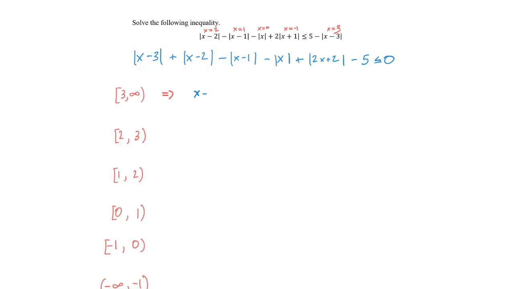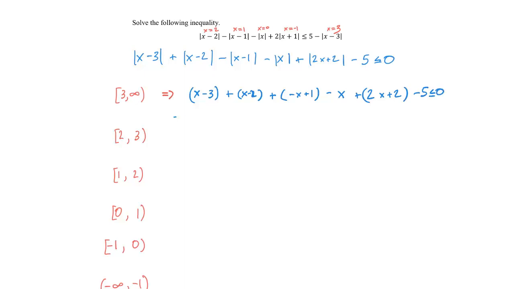So we can just write (x minus 3) plus (x minus 2) plus (minus x plus 1) minus x plus (2x plus 2), all minus 5, less than or equal to 0.